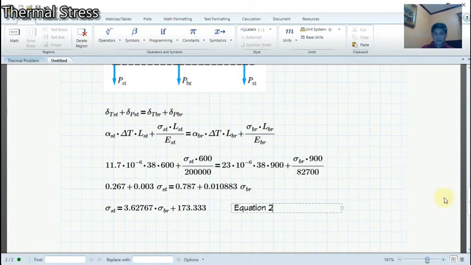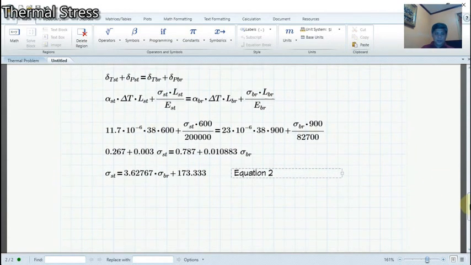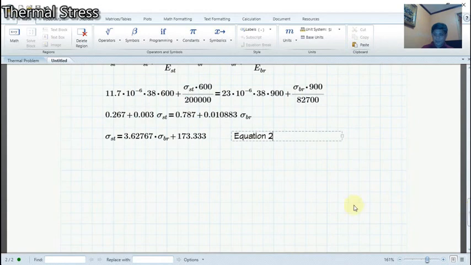Okay, so having two equations, we are now ready to solve for the unknowns. So let's combine the two equations.